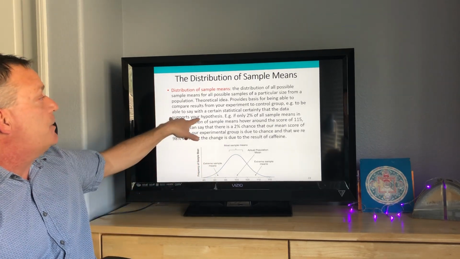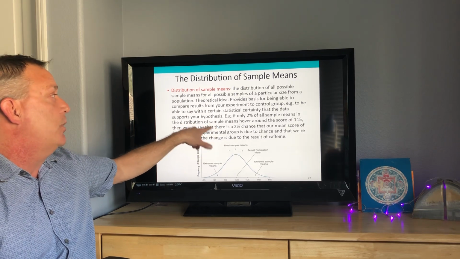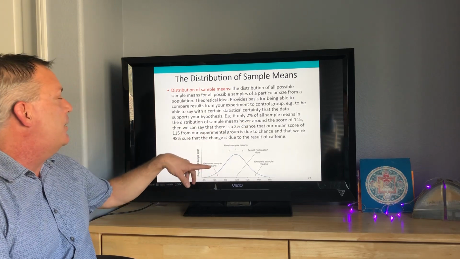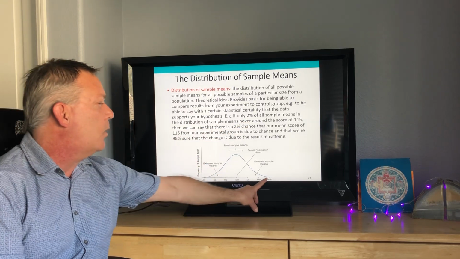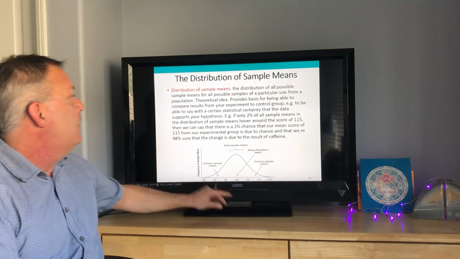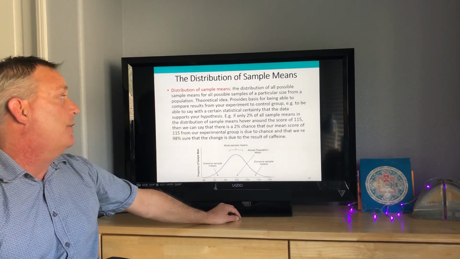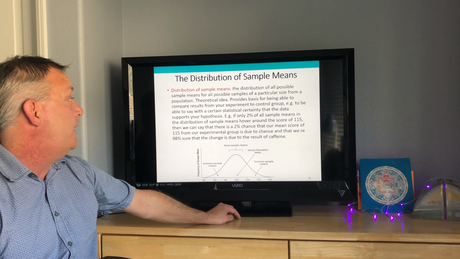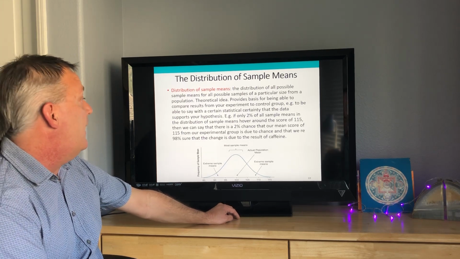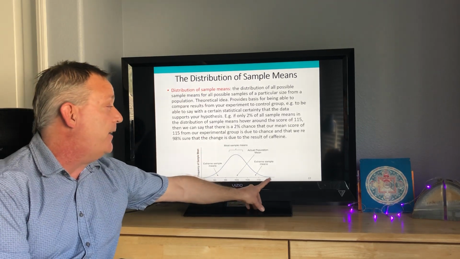And it lets us say with a certain statistical certainty that the data you find supports your hypothesis. For example, if only 2% of all the sample means in the distribution of sample means hover around the score of 115, like we talked about earlier, then we can say that there is a 2% chance that our mean score of 115 from our experimental group is due to chance, and that we are 98% sure that the change is due to the result of caffeine.